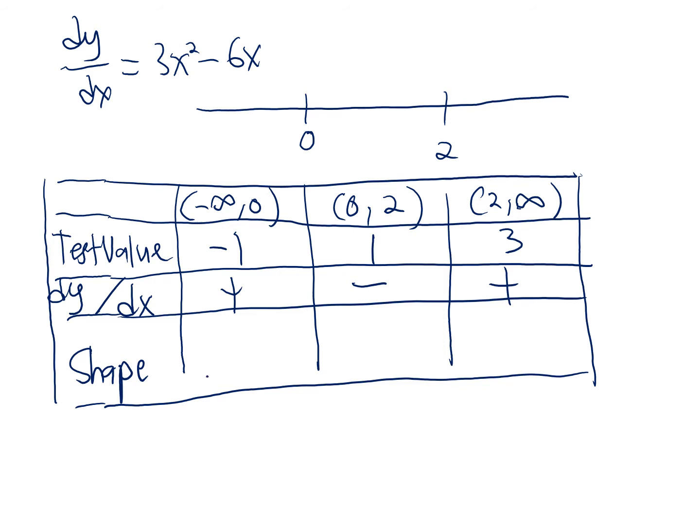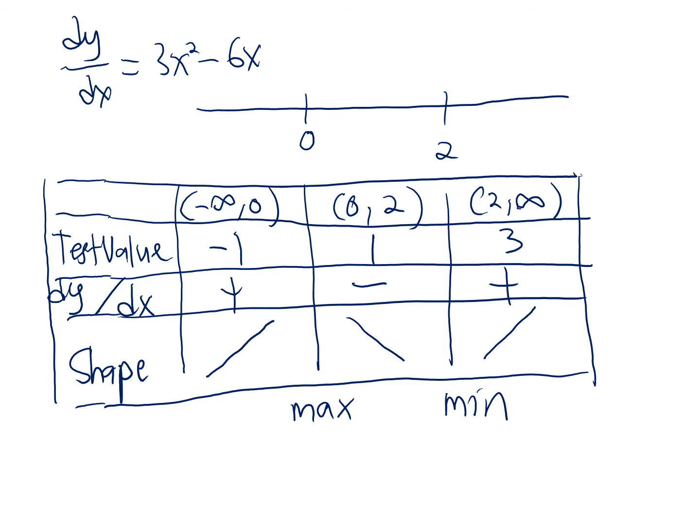It's a straight line going up, while negative is a straight line going down, and positive is also going up. So it comes from a positive line, then goes to a negative line. What happens here is a maximum, while what happens here is a minimum.